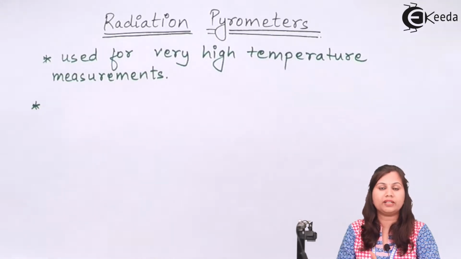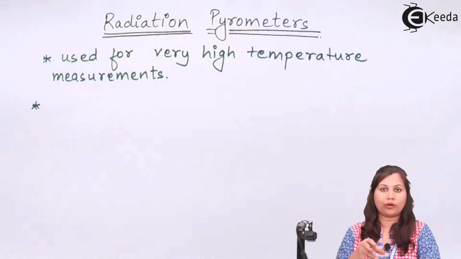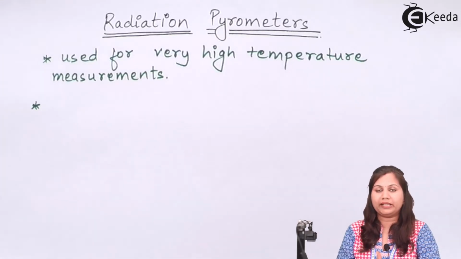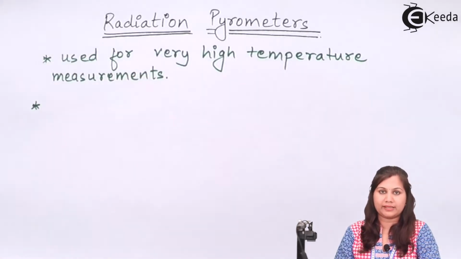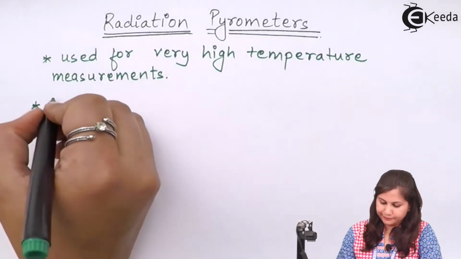So for their temperature measurement, the thermocouples, RTDs and thermistors cannot be used because when they come in contact with the hot and boiling liquids and the chemicals, the instrument gets damaged. So for that purpose radiation pyrometers can be used.